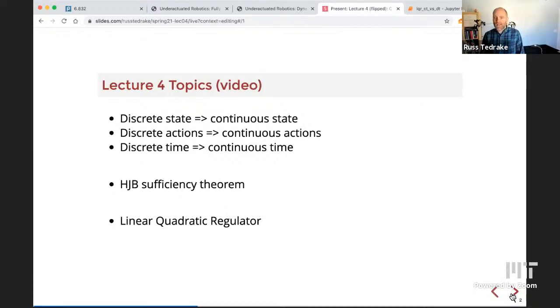And then I introduced the linear quadratic regulator, which some of you will have seen before in applications. If you've ever played with quadrotors, you've probably used a linear quadratic regulator. It's a staple of modern control. It's actually also come back into popularity in the last year or two, because the reinforcement learning community used that as a problem where they can start proving theorems about what reinforcement learning does for the linear quadratic regulator.